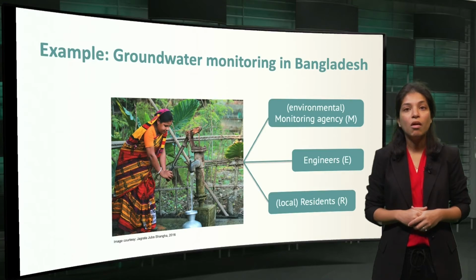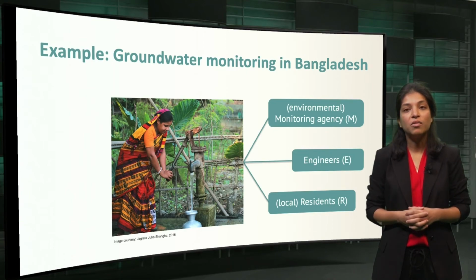A cooperative model of this problem represents the different outcomes in this game. Outcomes are the different forms of collaboration that are possible between the actors, like actors monitoring groundwater individually versus together.